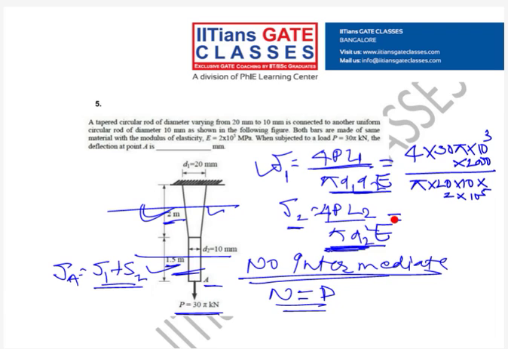And delta 2 is 4 into 30 pi into 10 to the power 3 into length 1500 upon pi into 10 square into 2 into 10 to the power 5. Is it clear? Delta 1 and delta 2? Yeah, 15 mm should be the answer. I have written everything. Please find out delta 1 guys, and please find delta 2. Is it visible to everyone? Whatever I have written?